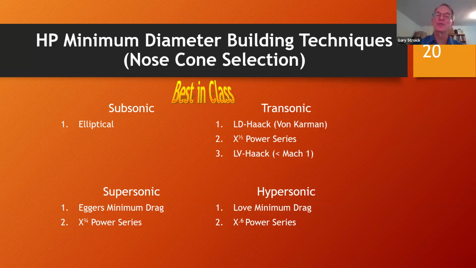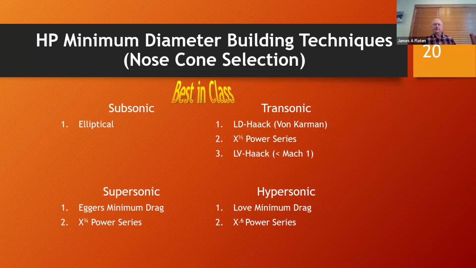Again, because neither of those nose cones is available, people are typically still using the LV Haack nose cones in the low supersonic ranges. And then we're not going hypersonic, but there's a couple of different nose cones available there. If we go to the next slide, we can actually see a chart.